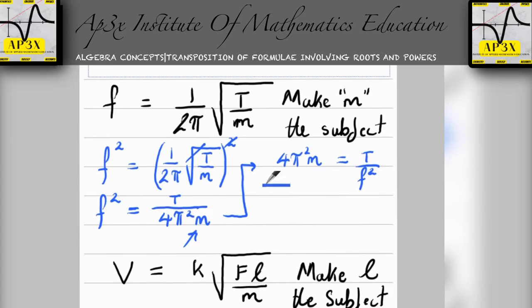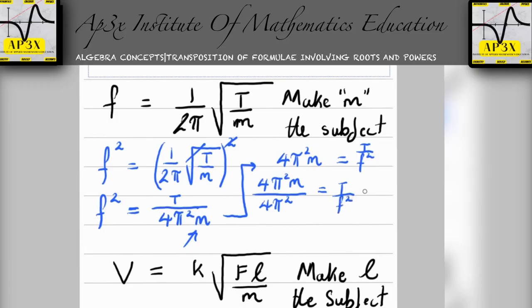So we end up with 4 pi squared m divided by 4 pi squared, and that's going to be equal to t over f squared, all divided by 4 pi squared.